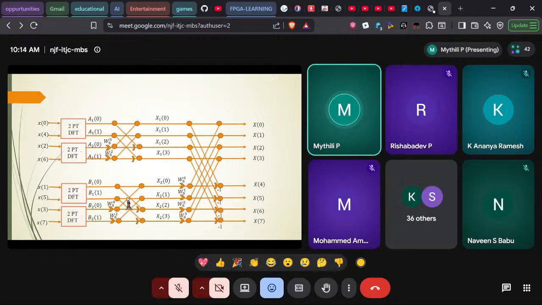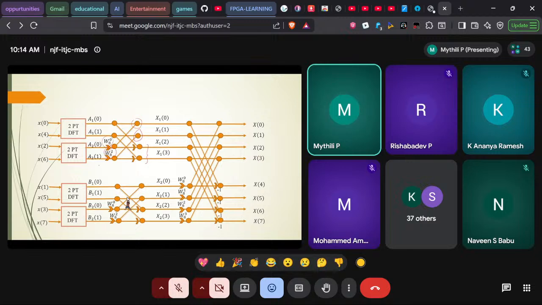Here I have decomposed the 4-point DFT into 2-point DFTs. The procedure is very similar. Instead of a 4-point DFT, you will get two 2-point DFTs, which you can combine with addition and subtraction. The upper two are additions and the lower two are subtractions. Before adding or subtracting, you multiply with the W's.